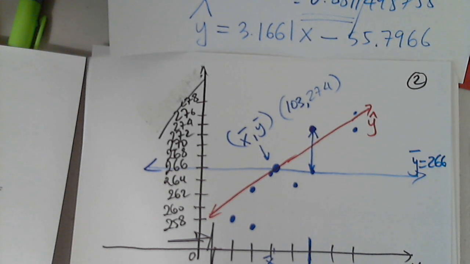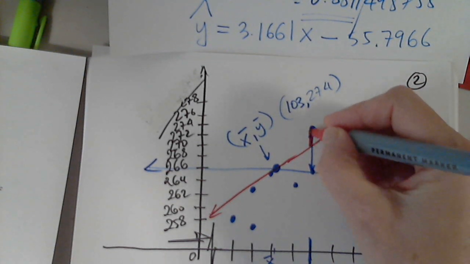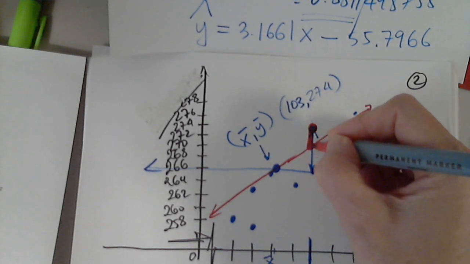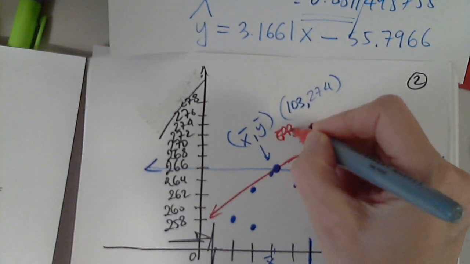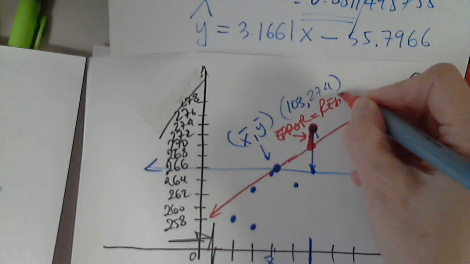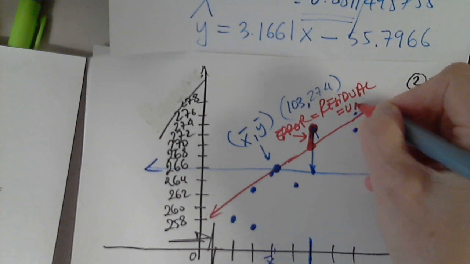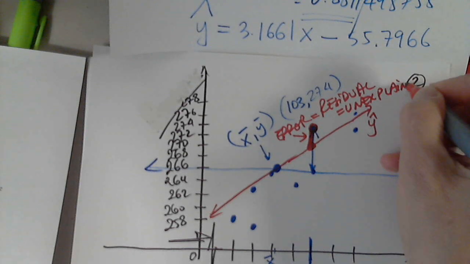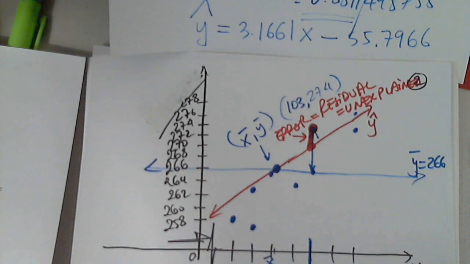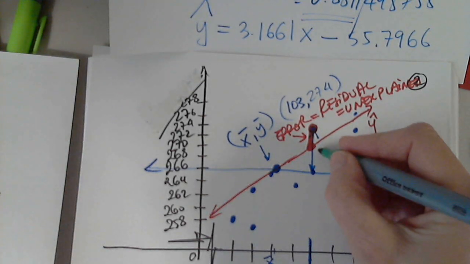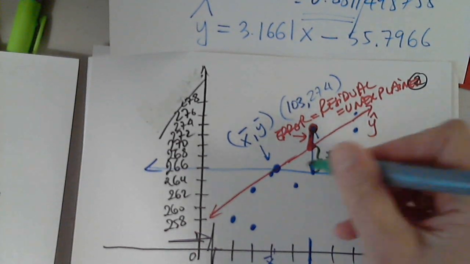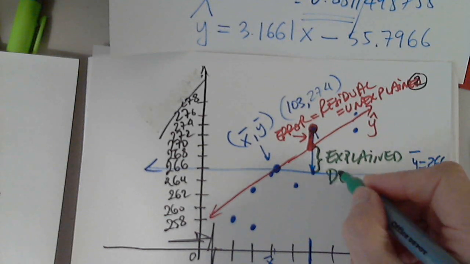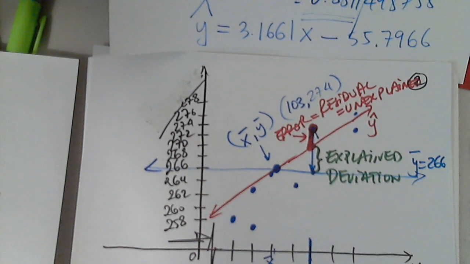This piece is the residual between this point and the predicted value. This is the error or residual or unexplained. Unexplained by the linear regression line. And this piece is the explained error. Explained by what? By the linear regression line. Explained deviation by the linear regression line.